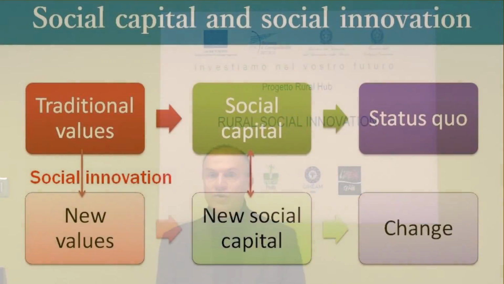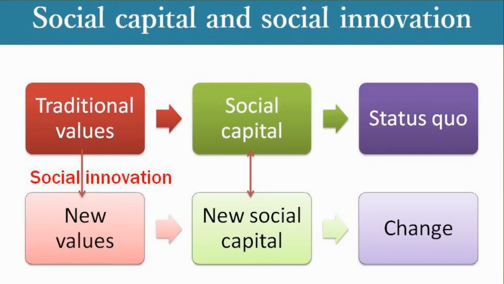So they are very helpful, but at the same time they can bring stability in a system. They avoid change. But in a new situation, traditional values through social innovation can be linked to new values. So tradition is linked to innovation, and this brings new social capital. So existing social capital is mobilized for other purposes, and instead of status quo, it brings change.